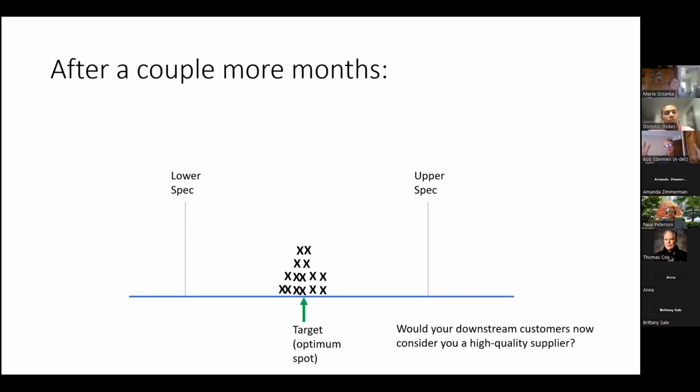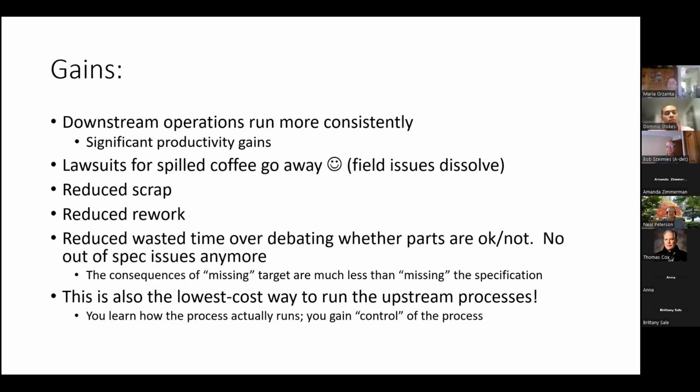A lot of times you're in there, but you don't have a lot of room, right? Your CP is not much over 1, so you don't have a lot of room. But other ones, you have narrow variation built in, and as long as you control the location of it, you're golden. So yeah, all that. Downstream operations run more consistently. The field issues go away.